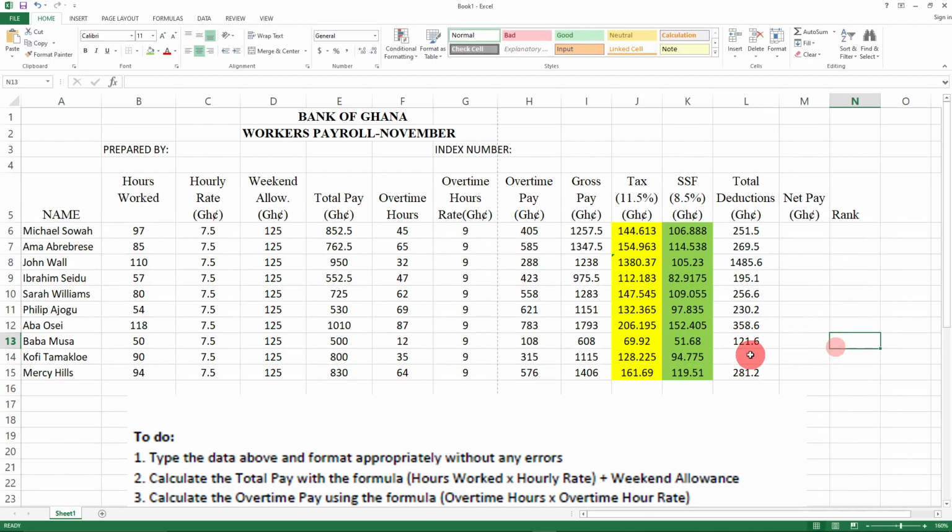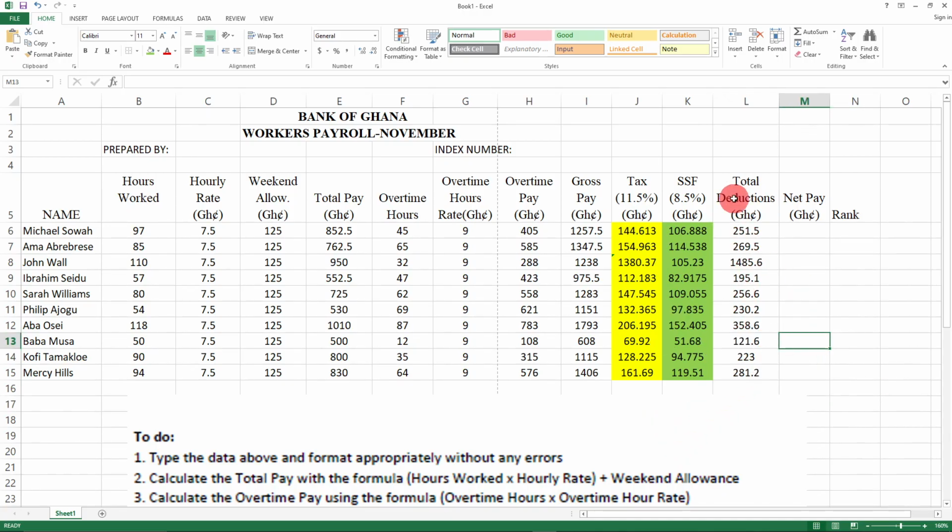Let's do it and see. Equals to sum J14 plus K14 for Kofi Tamaklo. Yeah, 223. You see that is correct. So please do it. Don't drag. It's just a cheat, but don't drag.